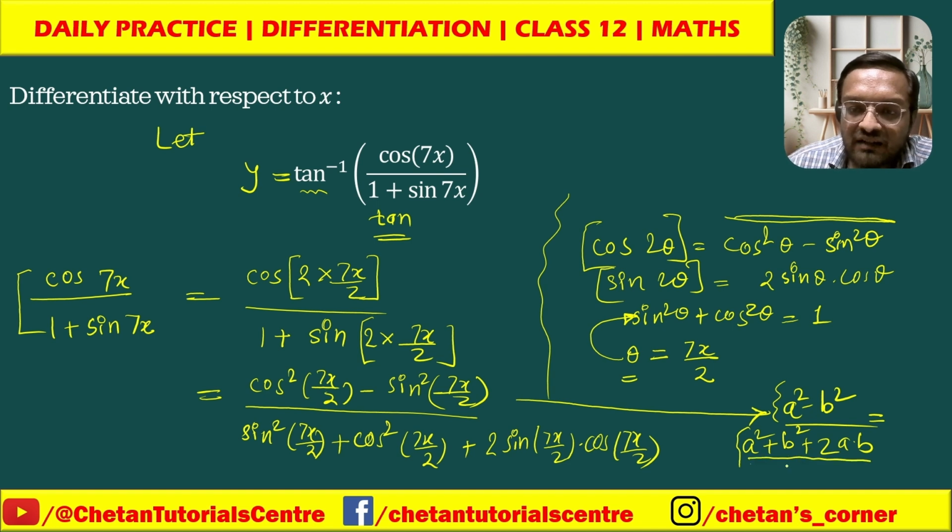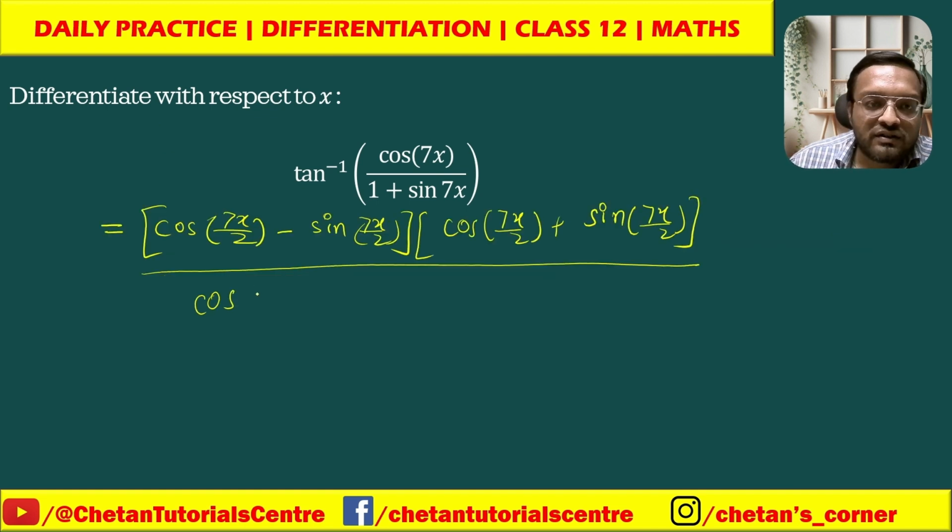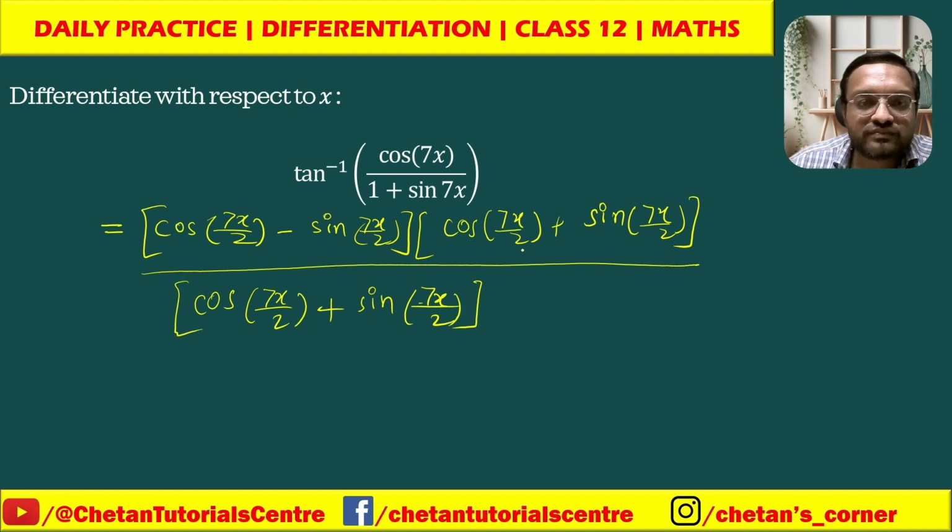So this is the expanded form of a plus b bracket square, so cos 7x upon 2 plus sin 7x upon 2 bracket raised to 2. So in this way I have converted the denominator using the formula for a square plus b square plus 2ab, which is equal to a plus b bracket square.